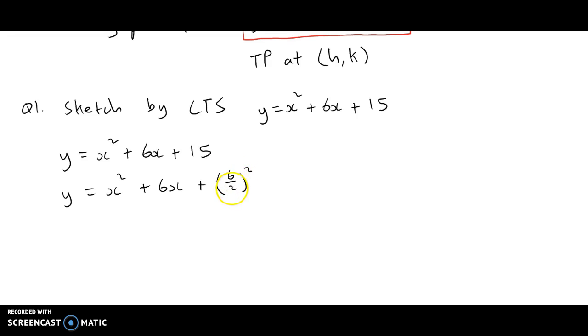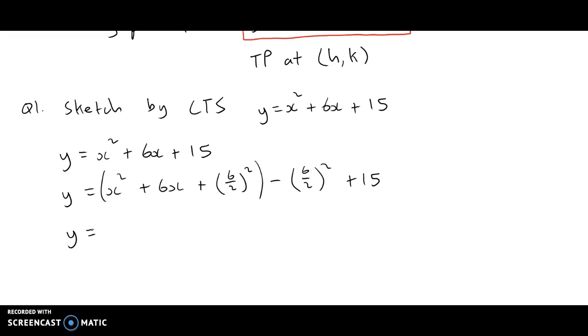Remember, it's b over 2 all squared. Our b here is 6. Then we need to balance it out, so we subtract (6 over 2) all squared, and then we've got that 15 at the end. And just to make it a bit clearer, I'll put the brackets around there.